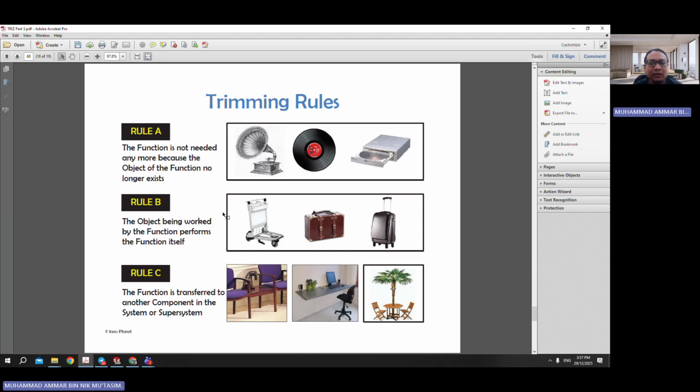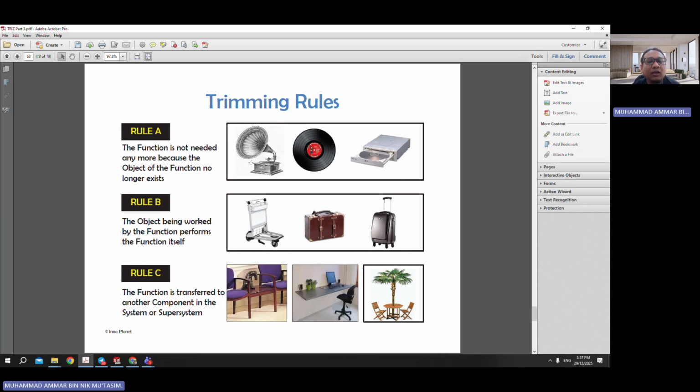If you look at this example, the trolley is not in use anymore because we have applied the roller under the baggage. So the trolley and the bag are not useful anymore because we have already applied 2 functions in one.